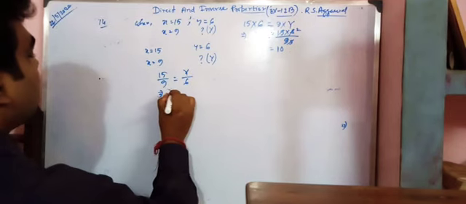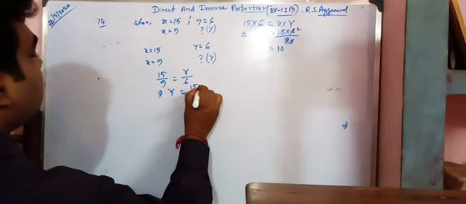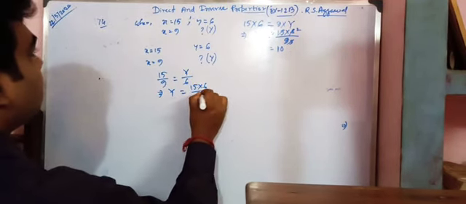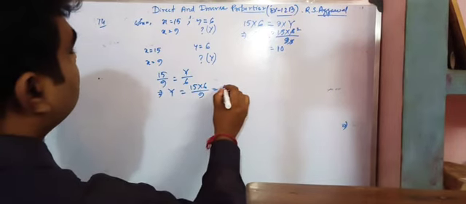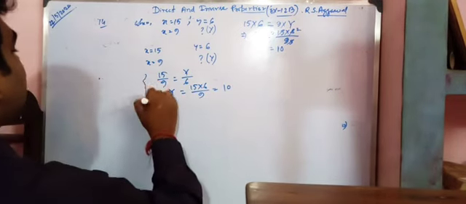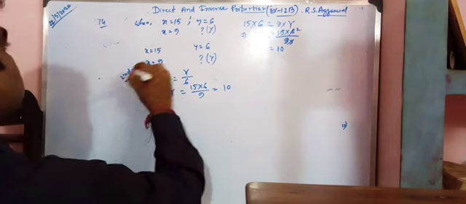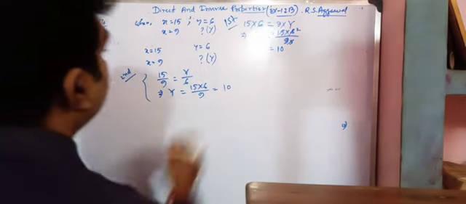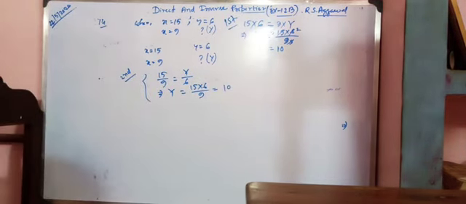From here capital Y is equal to 15 into 6 by 9, that is equal to 10. So this is my second method and this is the first. It's your choice, viewers, what method you should apply. Next, question number 15 is quite similar.